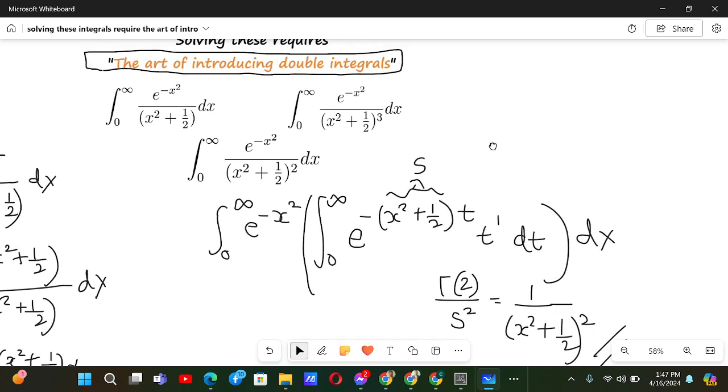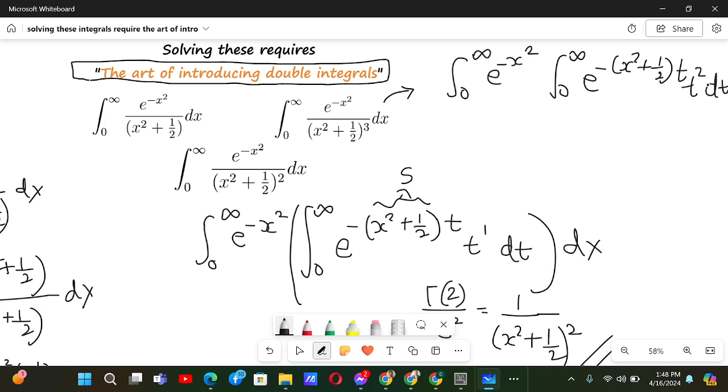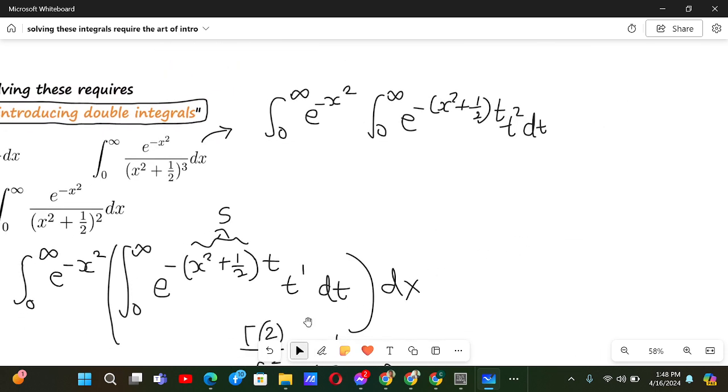Now let's look at this one. For this one, I can use a similar approach. Integral from 0 to infinity, we have e to the power minus x squared, and also again an integral from 0 to infinity, in place of s, e to the power minus (x squared plus 1/2) t times t squared dt, and also a dx outside of this.